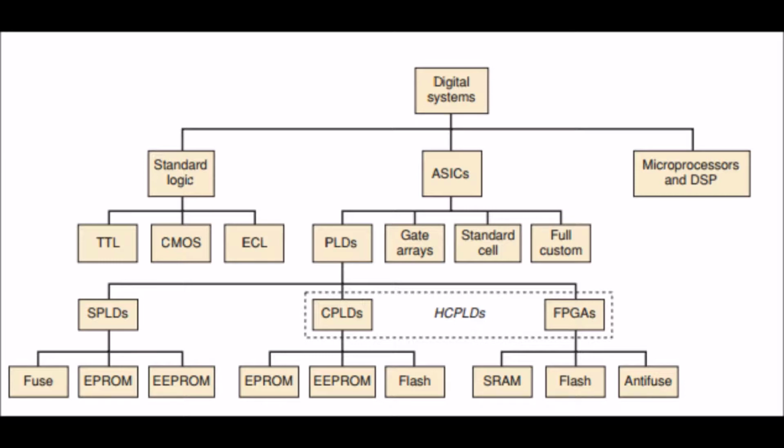ASICs are divided into four subcategories, which are the PLDs, programmable logic devices, the gate arrays, standard cells, and full custom. We're going to see what a gate array is inside a programmable logic device. These last three are how a programmable logic device is made, the structure that is inside of them.